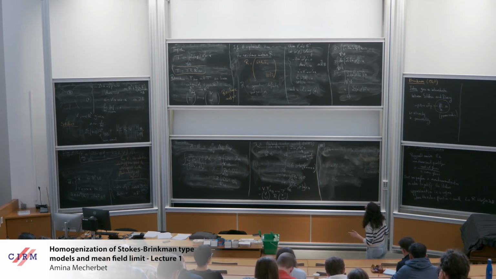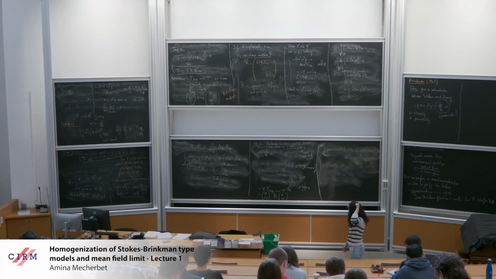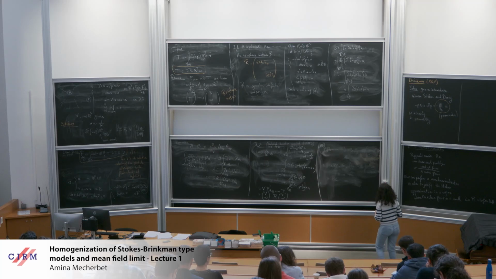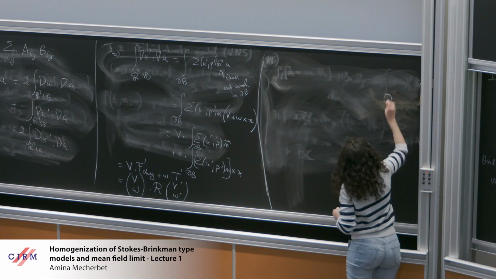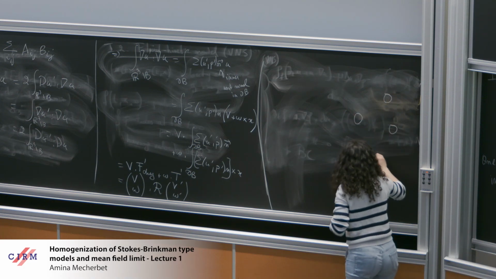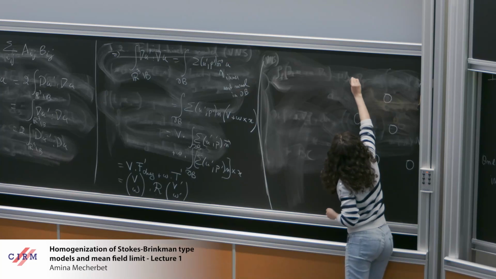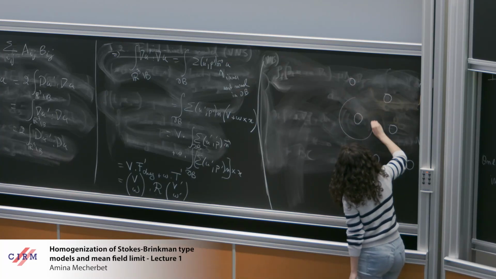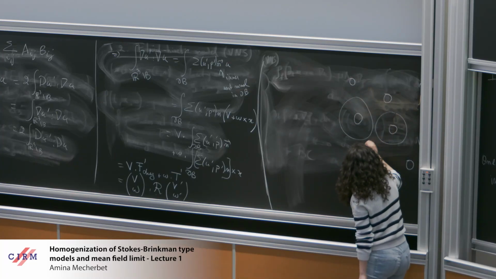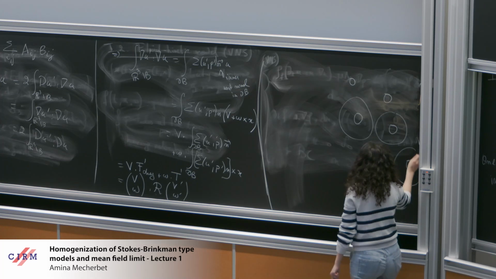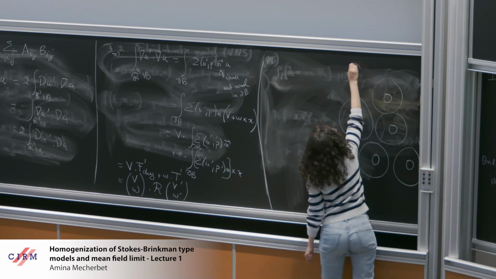So let's go back to the formal derivation, and I erased the microscopic model. So the idea is that when you have many particles, if the particles are far away, you can always focus on what happens around each one.